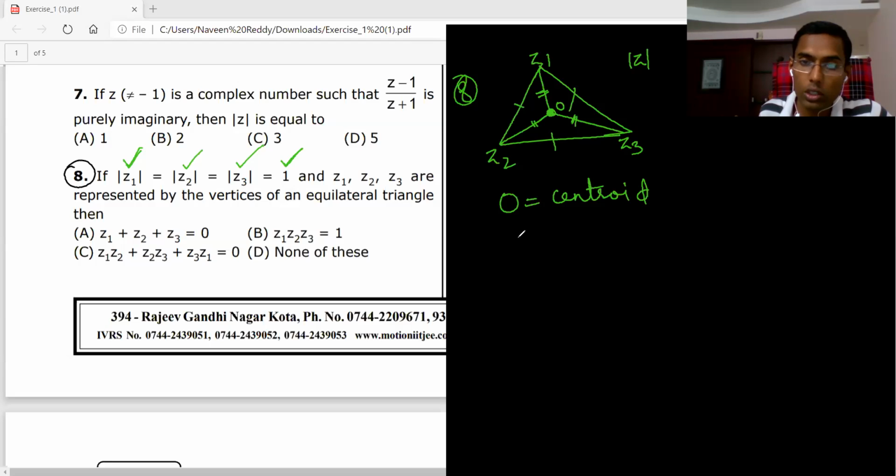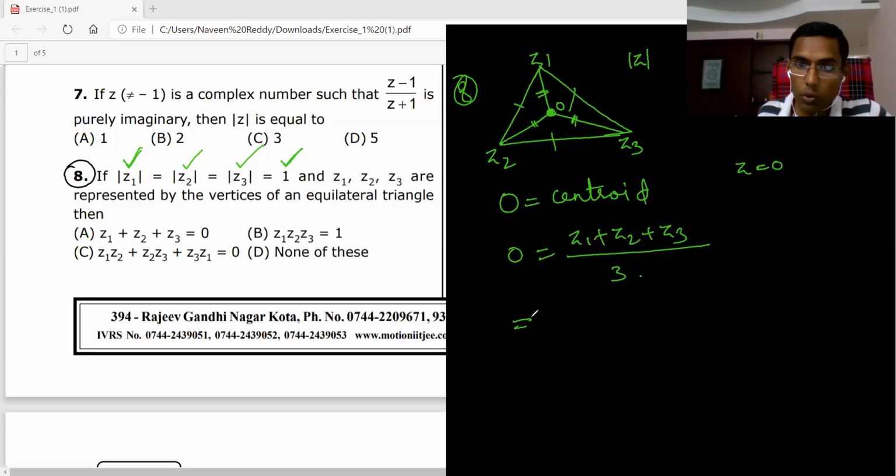In complex numbers, z equal to 0 is the origin. Now 0 equal to, we know, (z1 plus z2 plus z3) by 3. So automatically what you get, z1 plus z2 plus z3 equal to 0, is your answer.